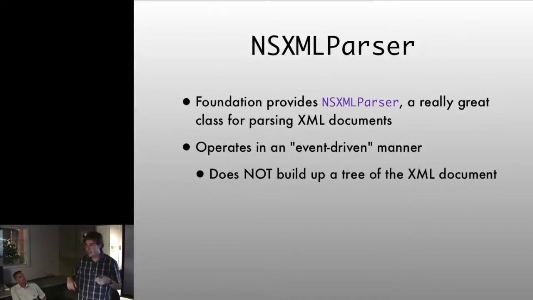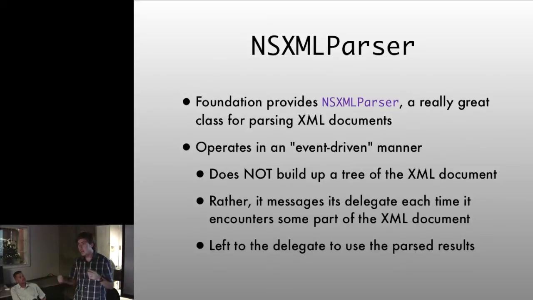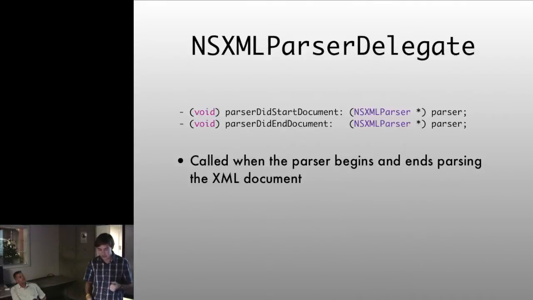Like I said, it does not build up the entire tree of the XML. You might need the entire tree, but it doesn't. It assumes that you don't need everything. So every time it encounters some part of the document that it thinks is interesting, it will send a message to its delegate. And therefore, it's up to the delegate to figure out what to do with all those events.